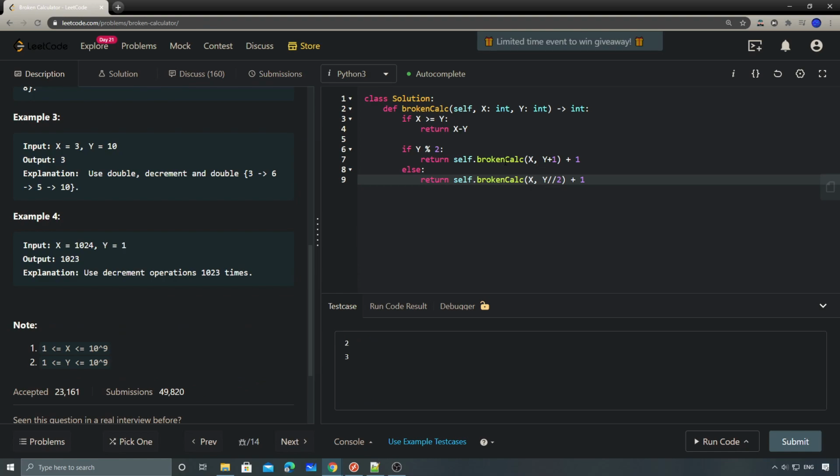So for the time complexity, since we're going to continuously divide y by 2, it's going to be log y. But we stop when y is smaller than x, so I think this one should be y minus x, or it could be something similar to log y here.